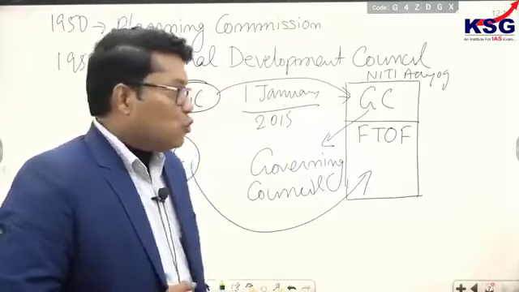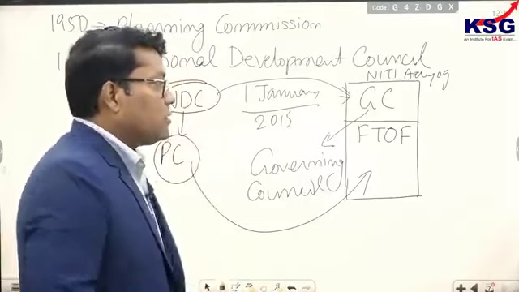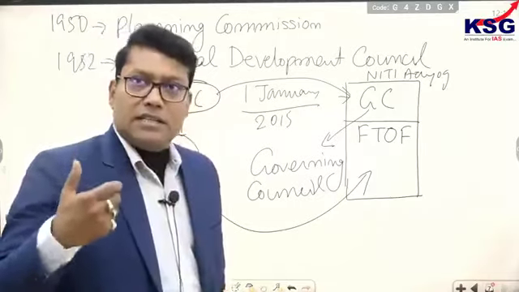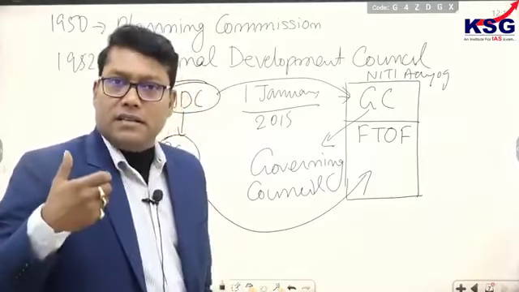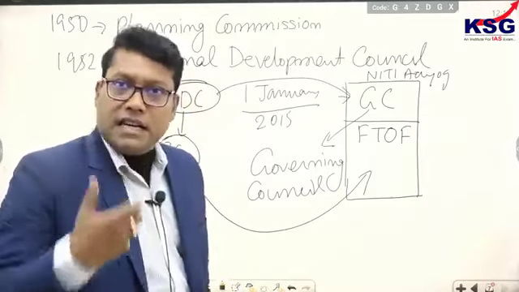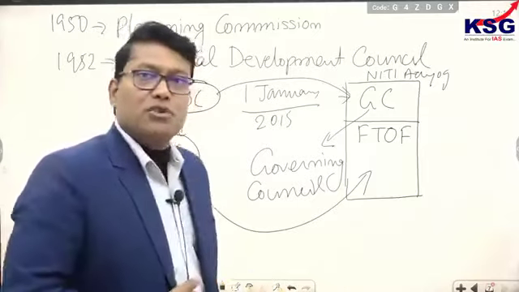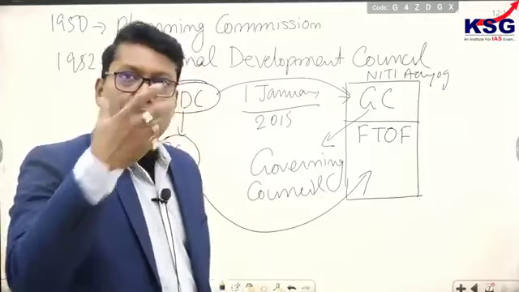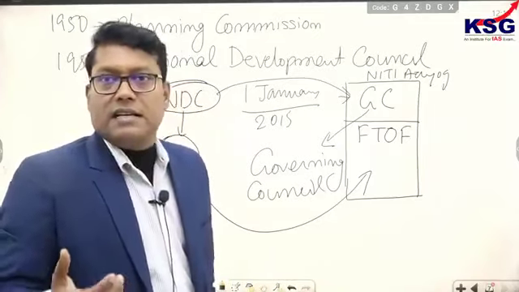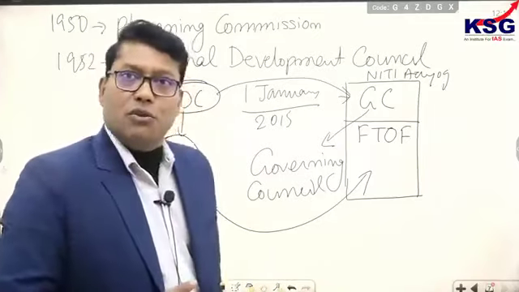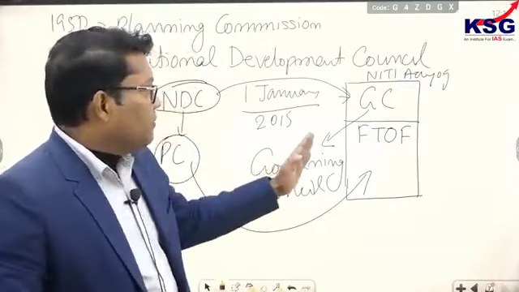The new government thought that the earlier strategy was not good for solving the new challenges. So let us constitute a new institution with a new mindset, and they are going to solve the new challenges. So this is the difference between these two.